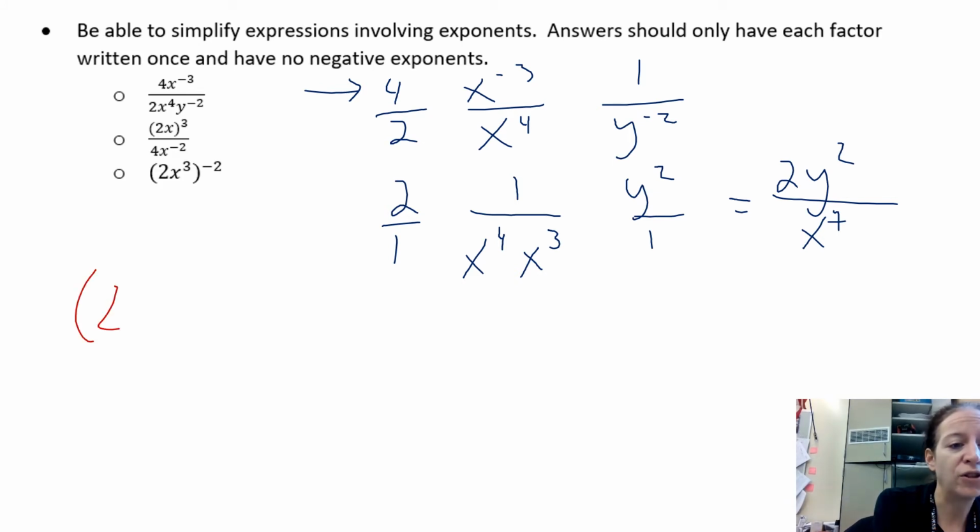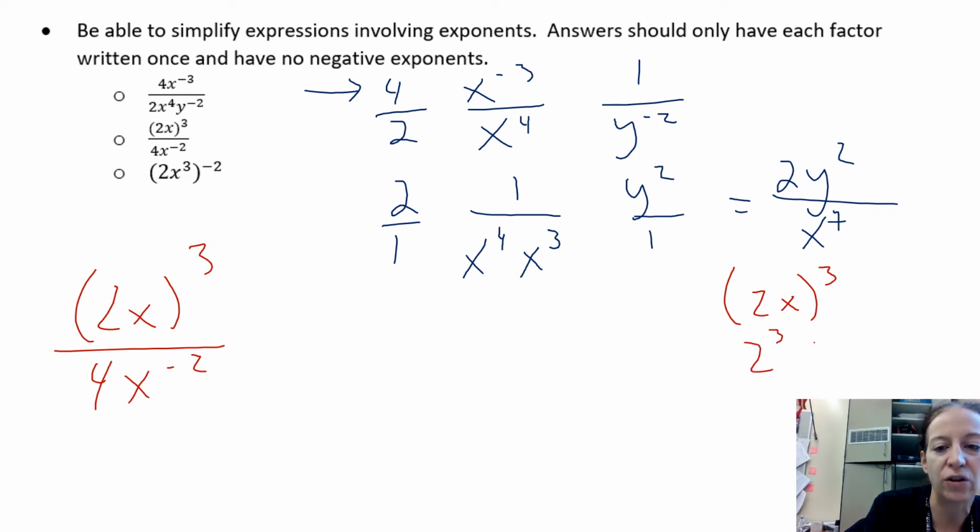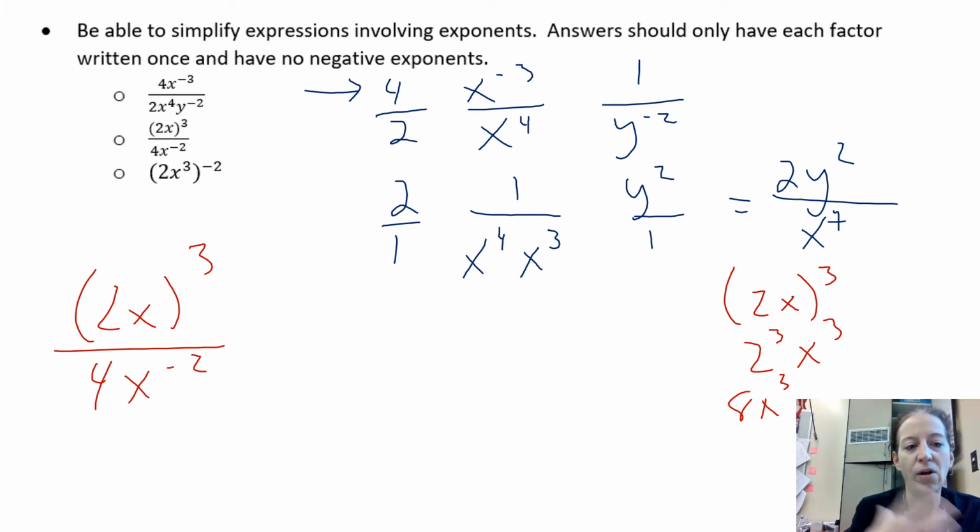Second one, we have 2x to the 3rd over 4x to the negative 2. So for this one, some of you might recognize that if you have 2x to the 3rd, that's 2 to the 3rd times x to the 3rd, and 2 to the 3rd is 8. Okay, and you might do it that way. Some of you might look at that and say, well, I'm not totally sure what I should do with the 2.